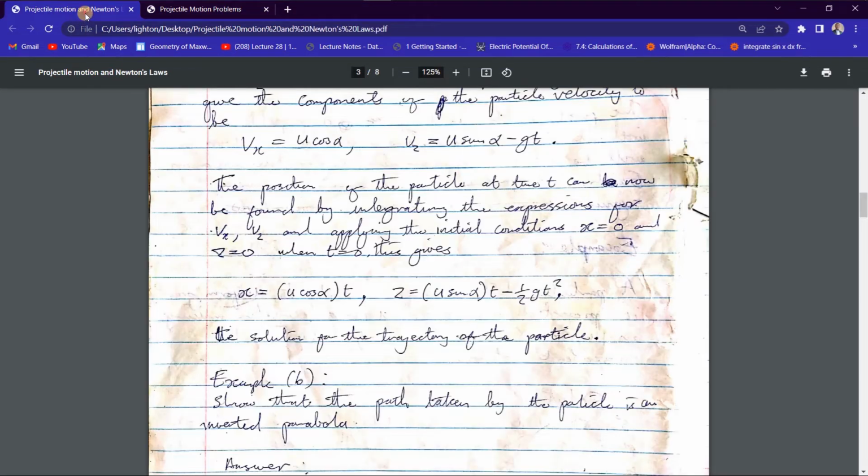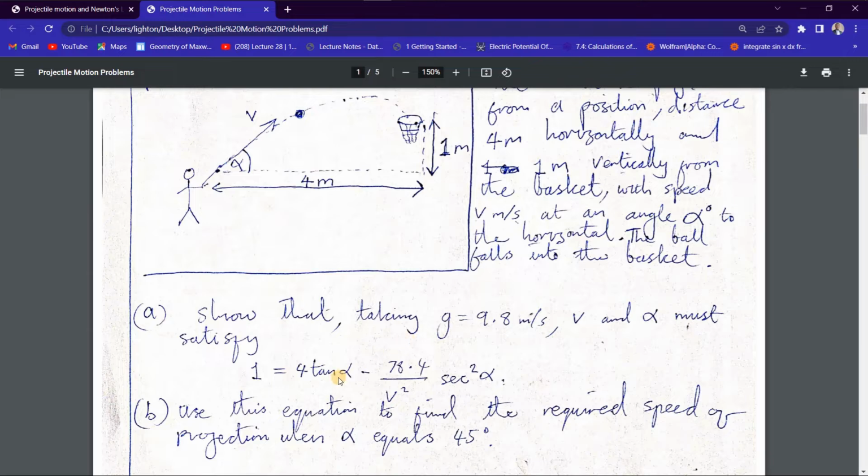Previously in these notes we had the horizontal component which was the x as it is here, and the vertical component was the z in the notes, but this time our coordinate system we've chosen it to be the y instead of z. So instead of z here we have y, the vertical. So we have y as the vertical component of displacement.